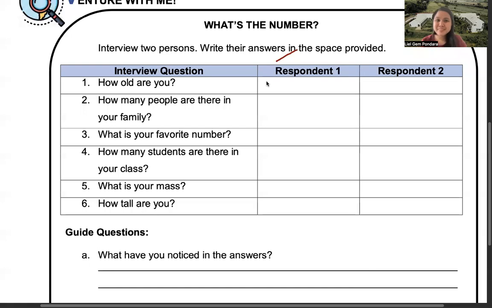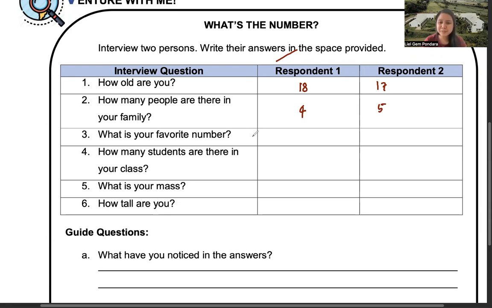Answers. Oh, I've seen 18 and 17. Next question, how many people are there in your family? 4, I've seen 5. Next, what is your favorite number?